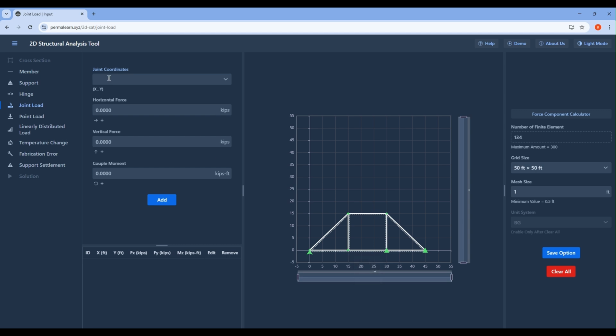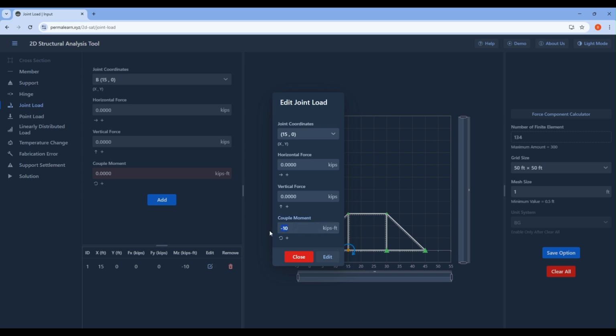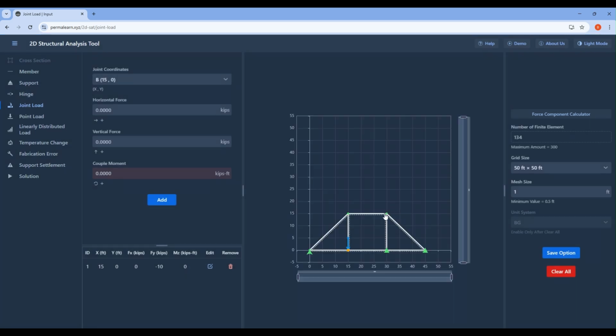So at point B here, we have a downward force of 10. Oh, sorry. Downward force of 10, not the compound moment. And at point F here, we have a horizontal force to the right of 20.